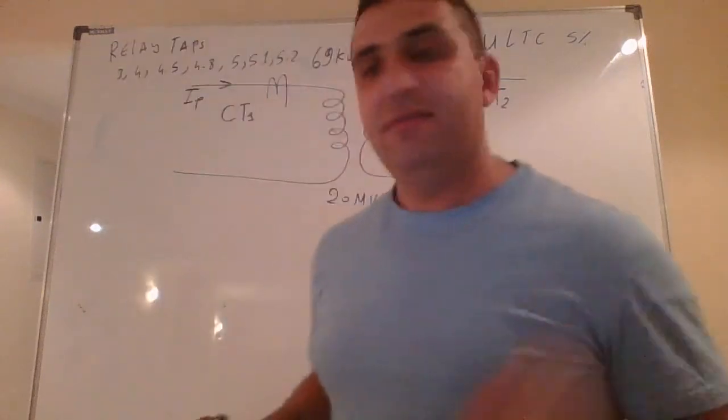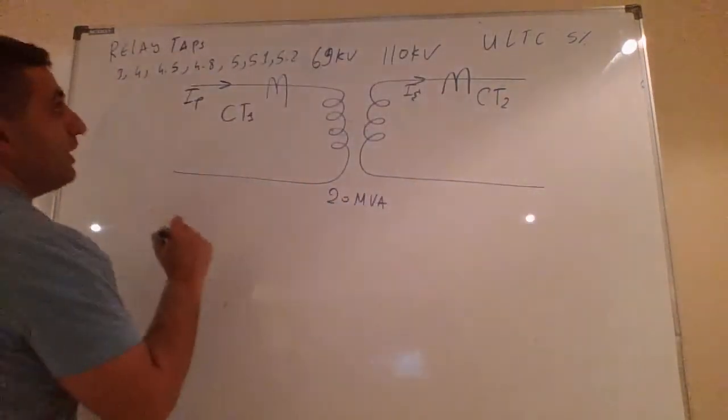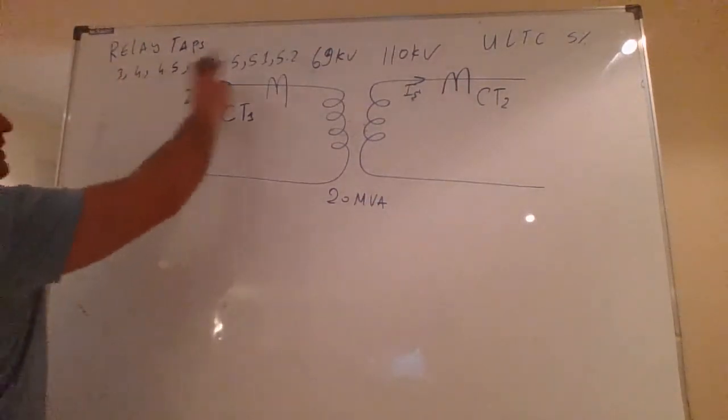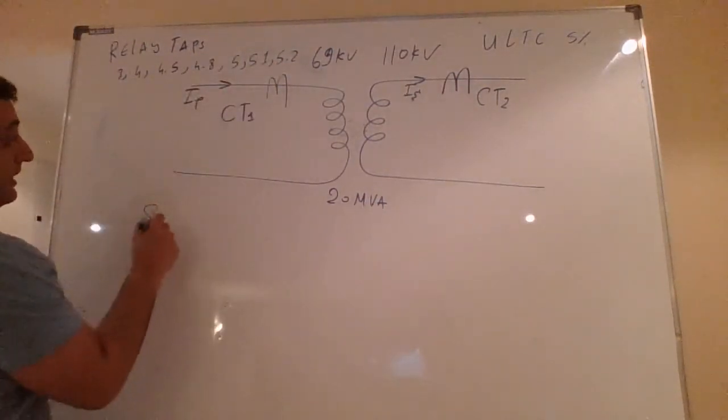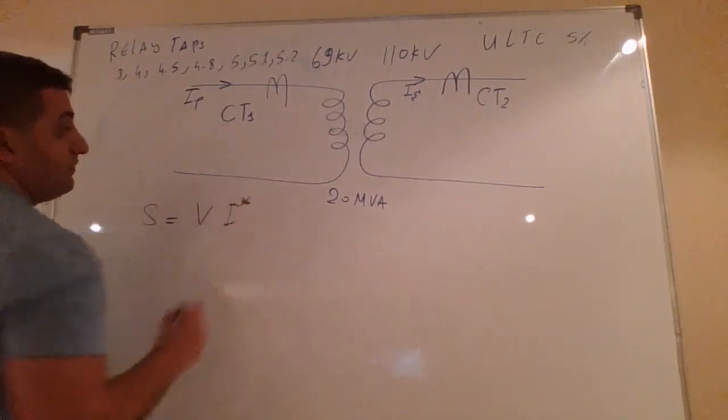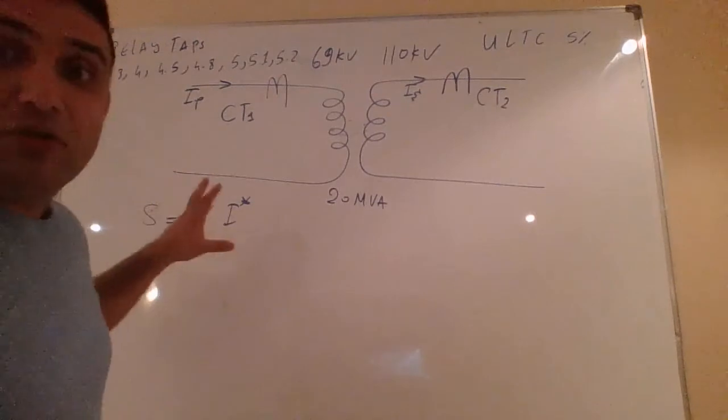Let me try this circuit analysis. It's a single phase transformer, so I can say S is equal to V I conjugate. I'm interested in the magnitude of the current.